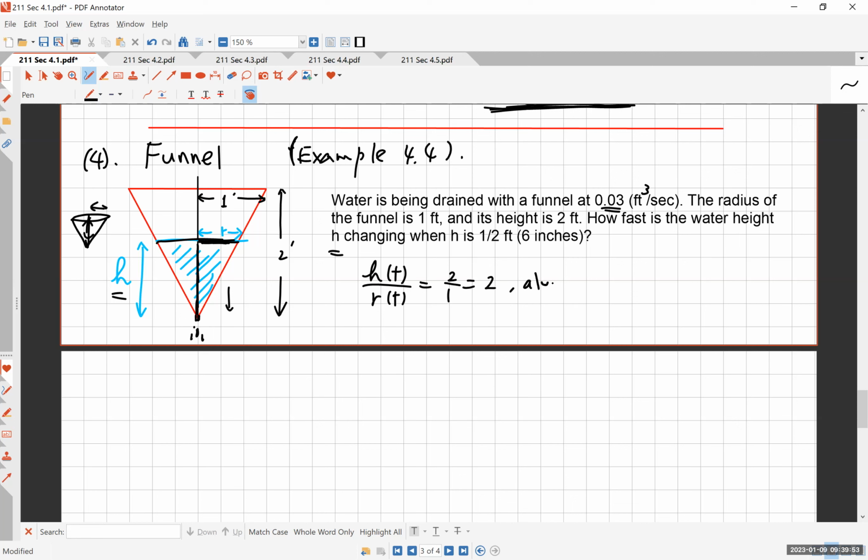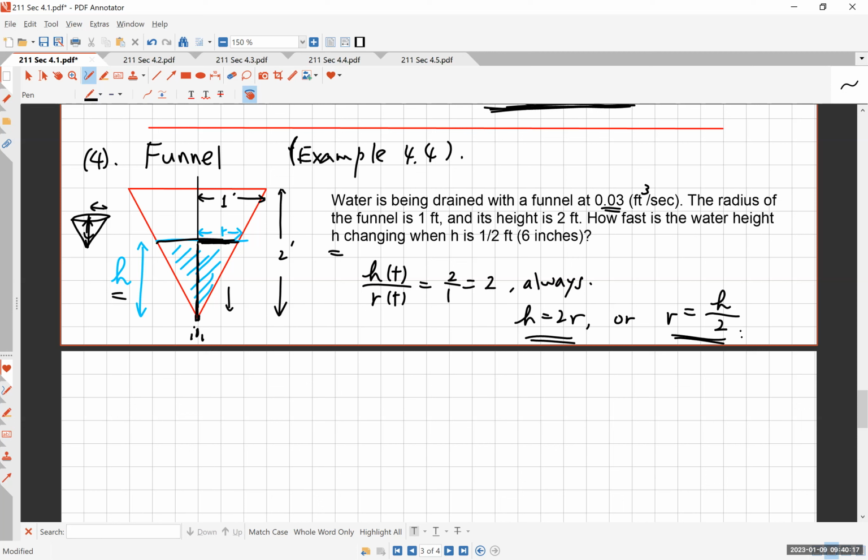And that's something to remember. Or you could say that H is equal to 2R. Or you can say R is always going to be half of the height. We are going to use one of these.